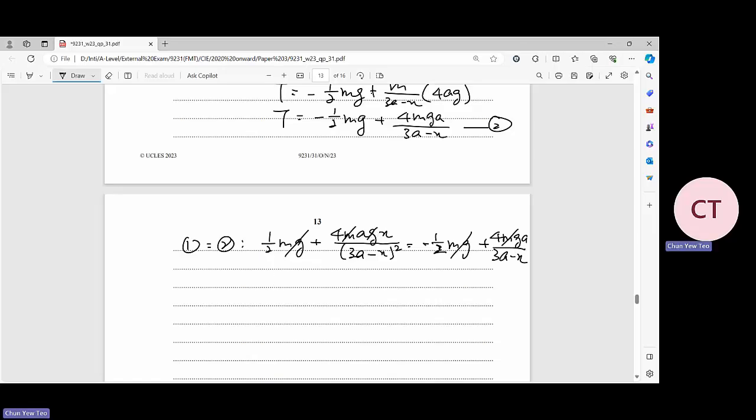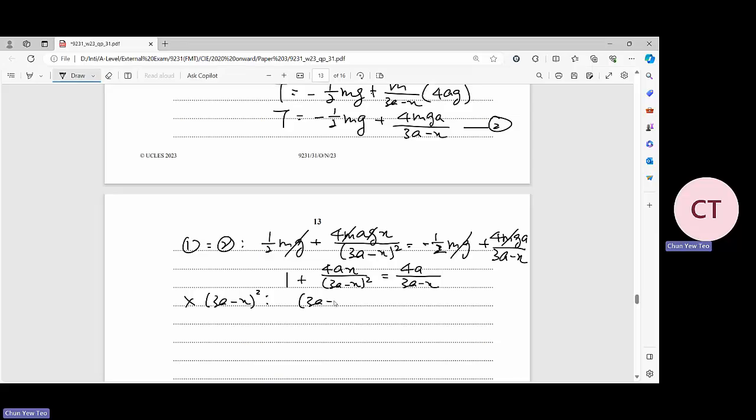So with these two combined together, you will get a 1. So you have 1 plus 4ax over (3a minus x) squared equals 4a divided by 3a minus x. So I multiply everything by (3a minus x) squared.